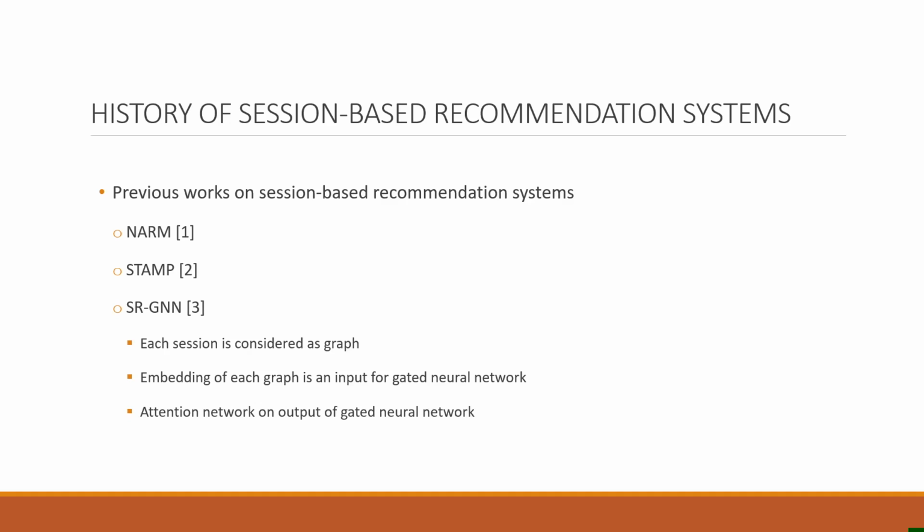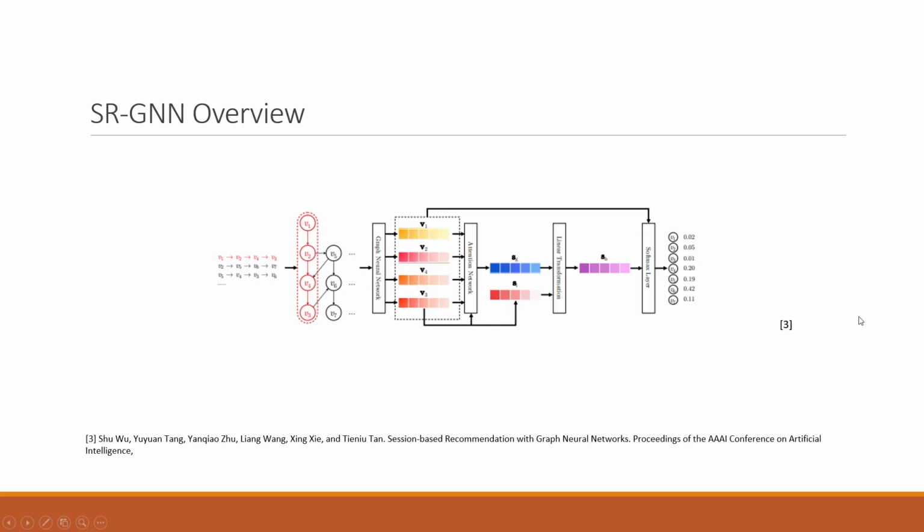For the last one, SR-GNN also applies a long and short-term attention mechanism, but this time sessions are treated as undirected graphs represented with their adjacency matrix. Embeddings of these graphs are given as an input to the gated graph neural network layer.